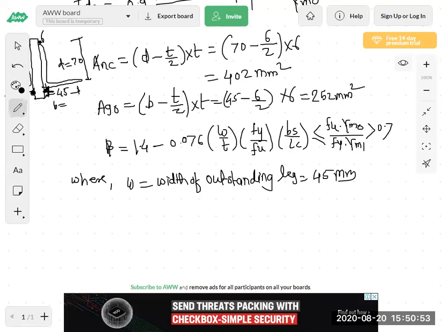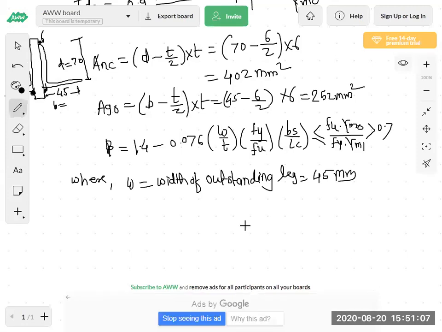And then what will be the value of b here? Instead of this 45, 70 will become. So that depends upon you only. If not mentioned, then you have to assume, and as per your assumptions, your answer will be there.